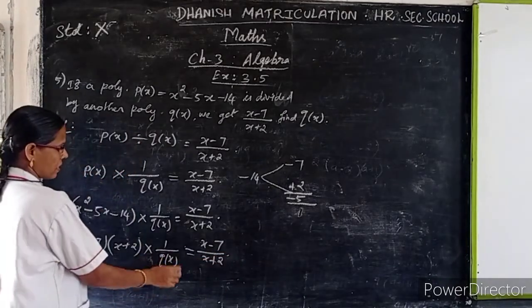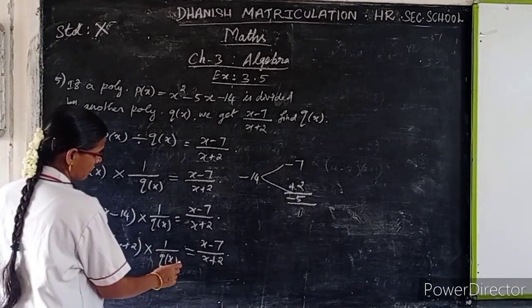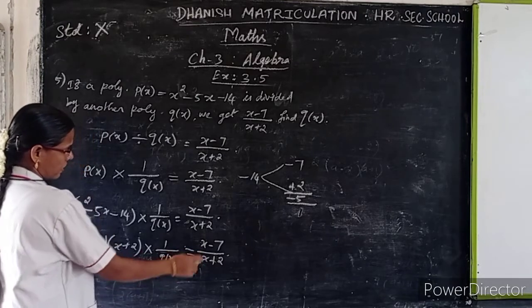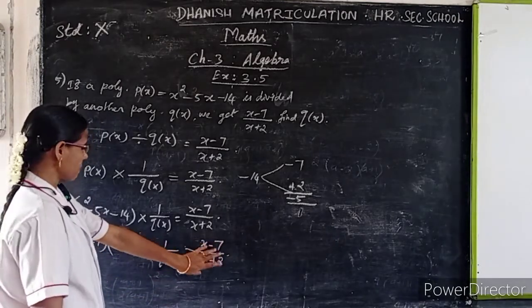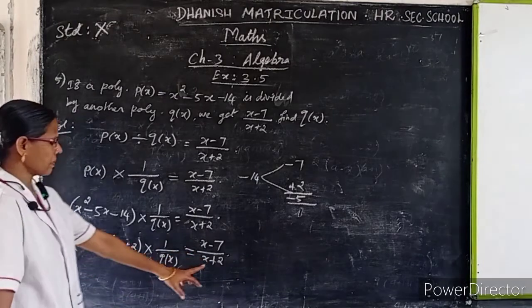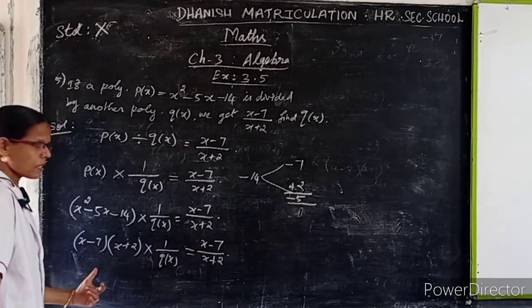Here only is our unknown, so transfer by cross multiplication. This denominator goes to that side, meaning write it in the numerator. Transfer this fraction to this side, meaning this denominator goes to the numerator and this numerator goes to the denominator.